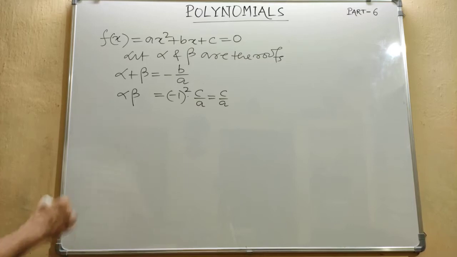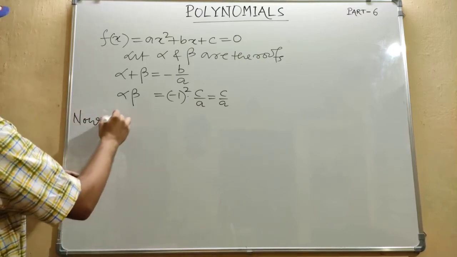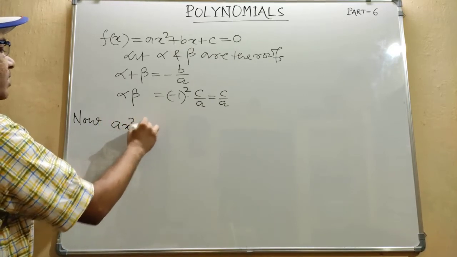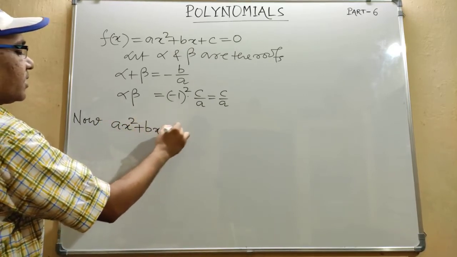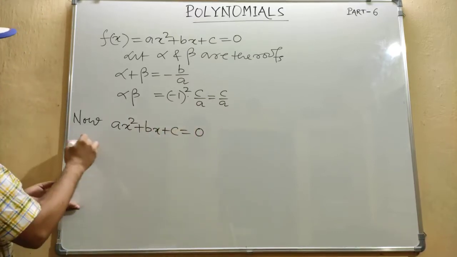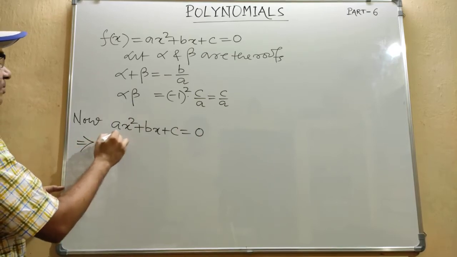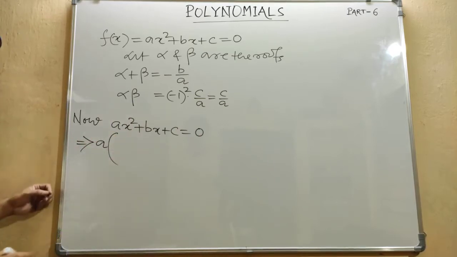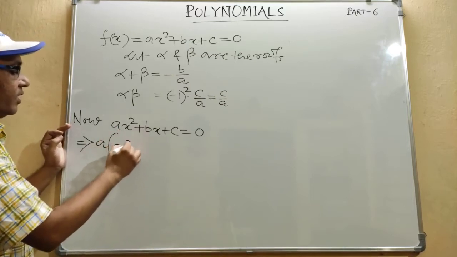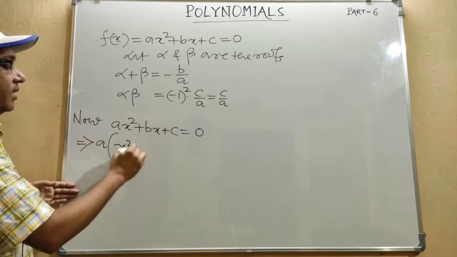Now, ax² + bx + c = 0 is our quadratic equation. In this equation take a common. Then a will come outside, x² is left.